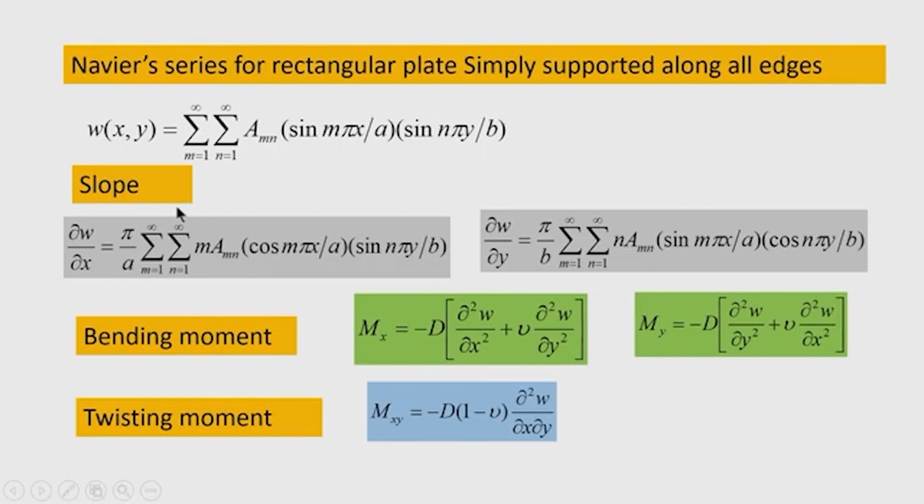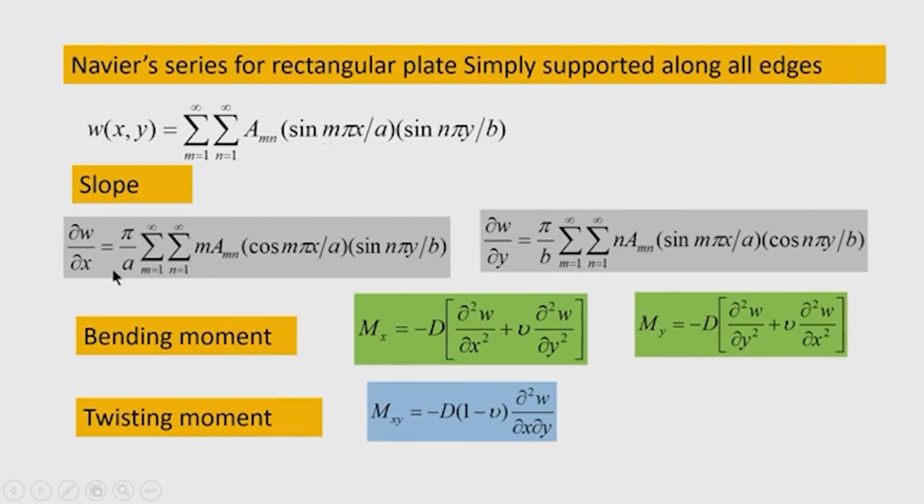Other quantities of interest are slope. Slope in the x direction is given by del W by del x, and it is equal to pi by a summation, and due to differentiation of this sine function, the m pi by a term will come out.